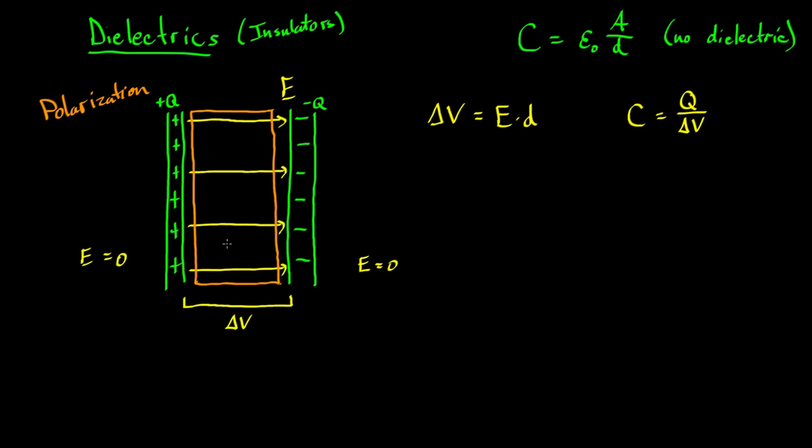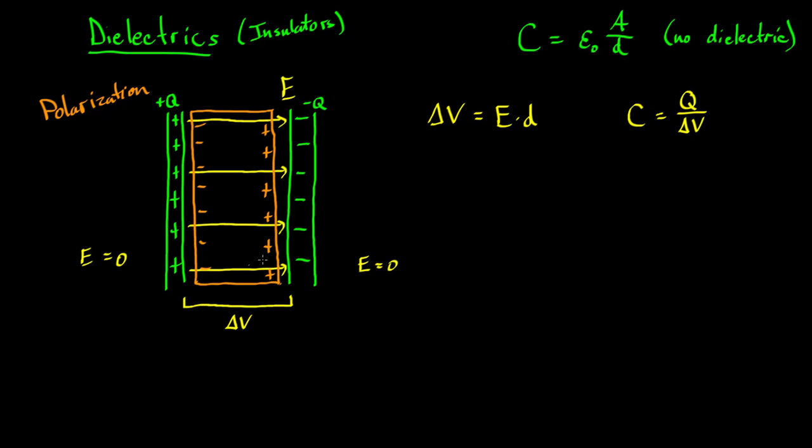In terms of the field, remember that negative charges move against the field, positive charges move with the field. Either way, we end up getting polarization within the material. So we'll get something like this: negatives on this side and positives on this side. You can notice that the polarization is opposite of the charges on the capacitor.